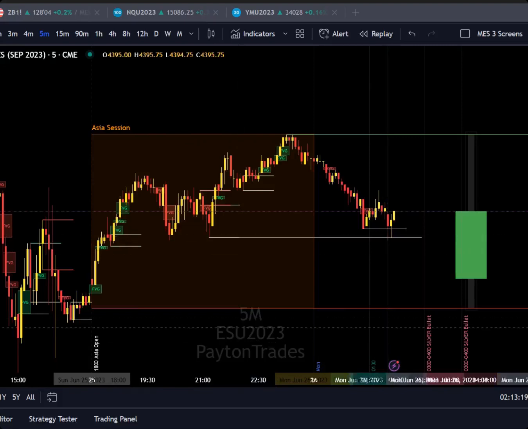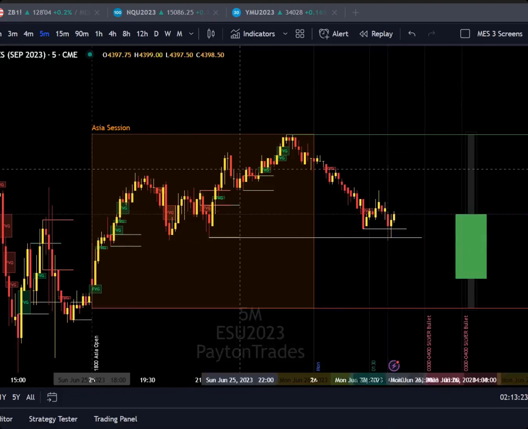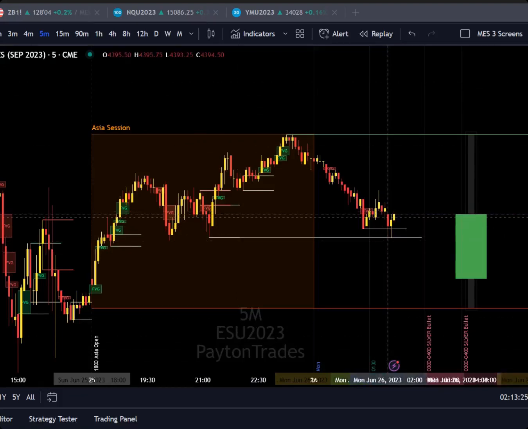But the way you trade is you trade in between the price action while it's going down. If I say price is bearish, it means price is moving down. If I say price is bullish, it means price is moving up.